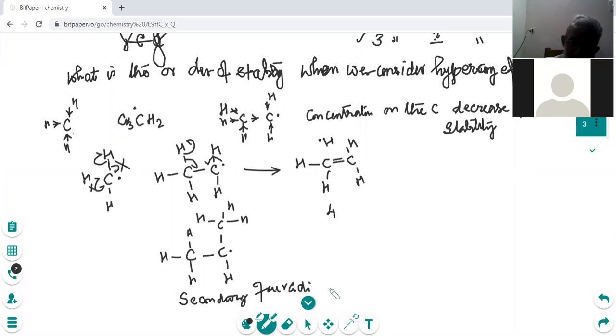What is the consequence? You have 6 participating hydrogens. 1, 2, 3, 4, 5, and 6. And this original structure. So you can write 7 hyperconjugative structures.